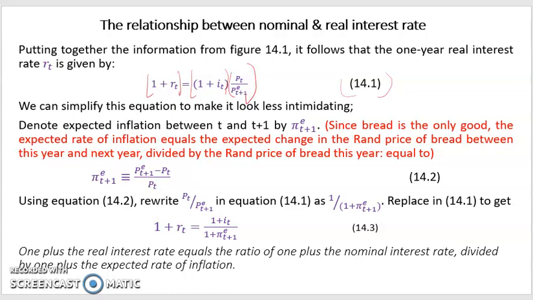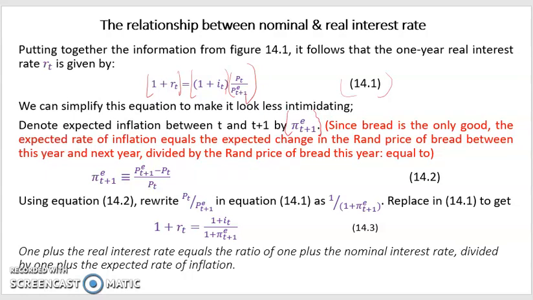This relation looks a bit intimidating in equation 14.1, so we do two simple manipulations to make it look more friendly. First, we denote expected inflation between term t and term t plus 1 by expected inflation π^e_{t+1}.